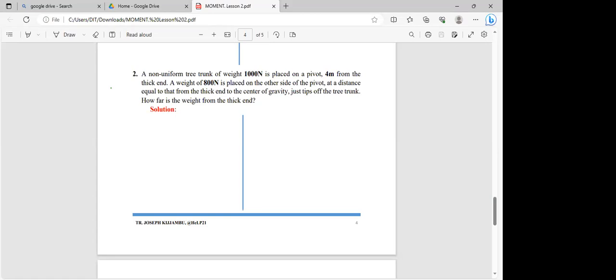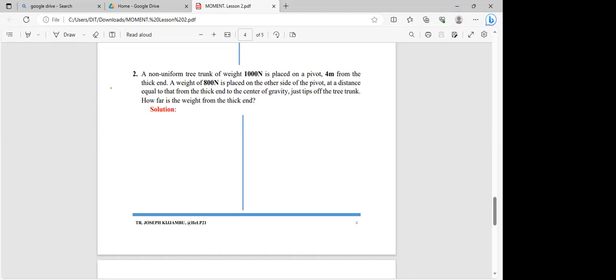And this one is placed on a pivot 4 meters from the thick end. A weight of 800 newtons is placed on the other end of the pivot at a distance equal to that from the thick end to the center of gravity.